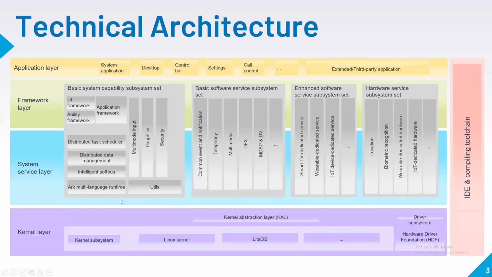But in the service layer, we will have multiple modules which are linked to those devices. The driver can adapt to any type of device or peripheral device. Through the driver and the kernel's driver, it is linked to the system service. So the main bridge point for the hardware is the driver subsystem.